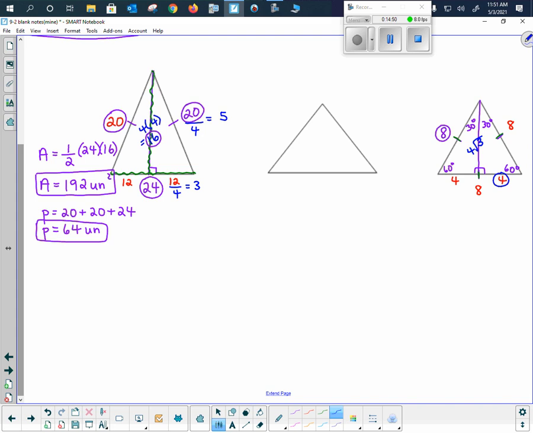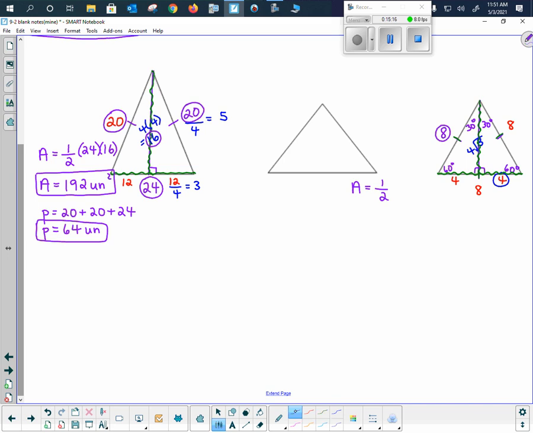All right, you have everything in the picture now to be able to start your work. So area is going to equal 1/2. I want the whole triangle in one equation, one formula. So I'm hoping you're thinking base and height meeting at right angles are these lengths. This base and this height.